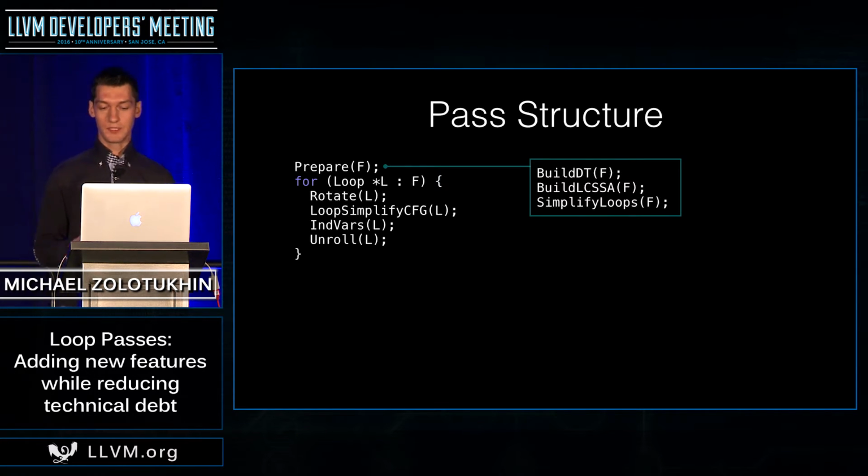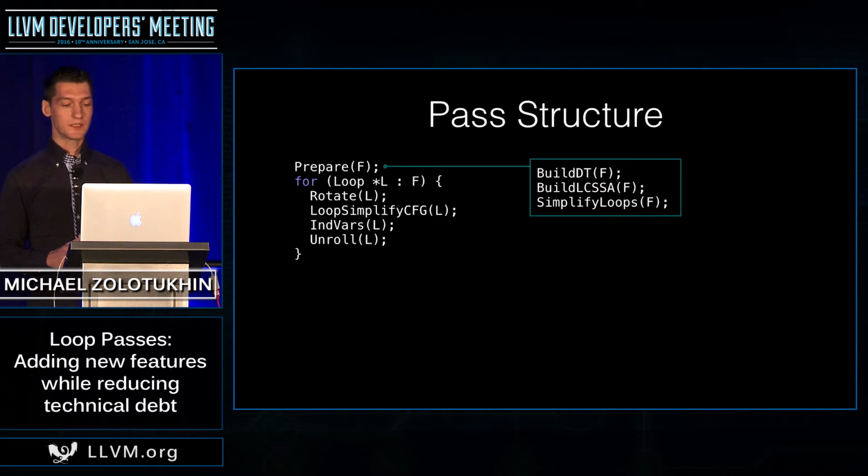I will explain later what this means, so I won't stop on this now. And also, we convert loops to simplified form. In simplified form, a loop has a dedicated preheader, a single latch, and dedicated exits, which means that the exits can only be reached from this loop. That is, they don't have predecessors other than from this loop.